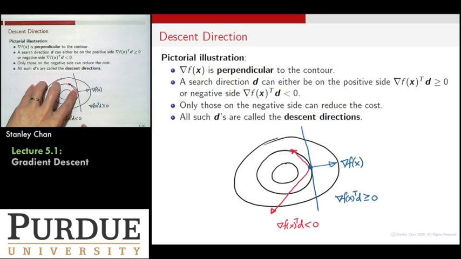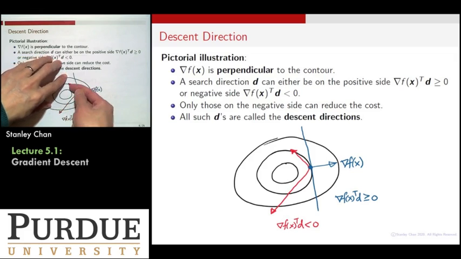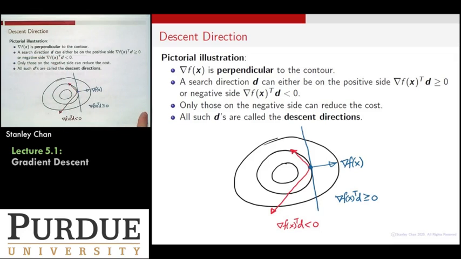Now if it is optimum, then we know that this gradient has to be 0. But if it is not zero, then you can always find a few red arrows on the left-hand side of this plot, so that when you take the inner product of your red arrow with this gradient, it will be negative.